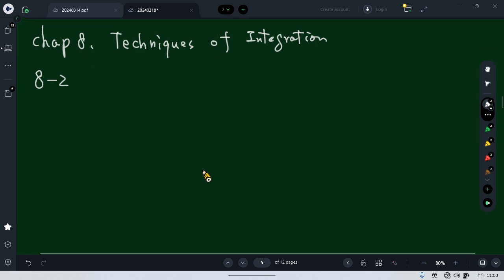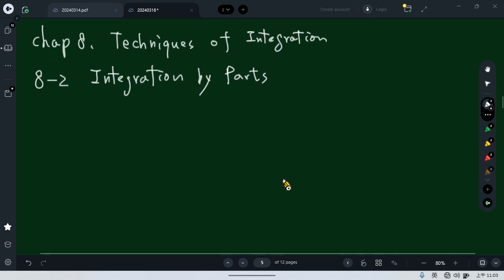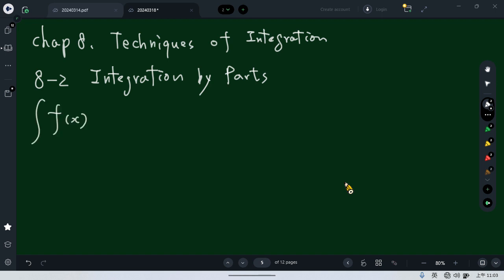The first important part is integration by parts. This is also very, very important in calculus. So in the past, if you encounter such kind of integration, this is multiplication.